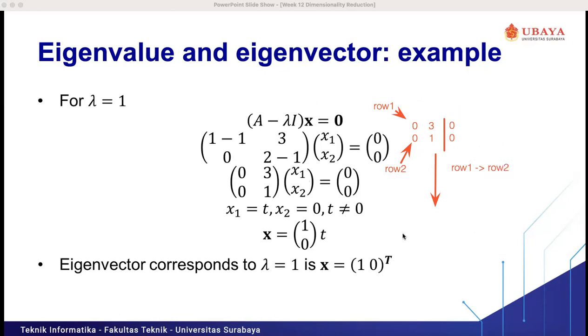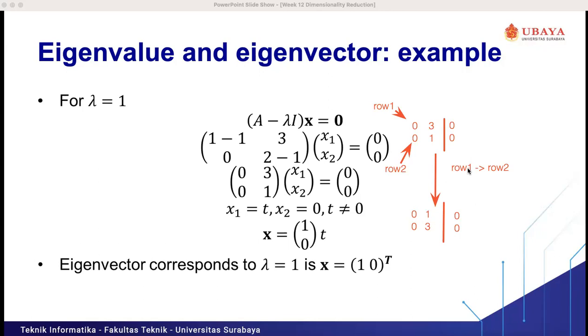So it will be 0, 1 and 0, 3, and this one is 0 and 0. In row echelon matrix, we need to place the first one on the first row. So it will be in this position.